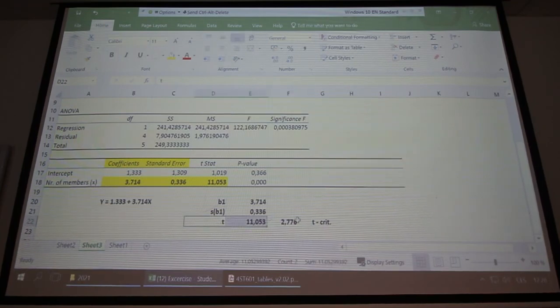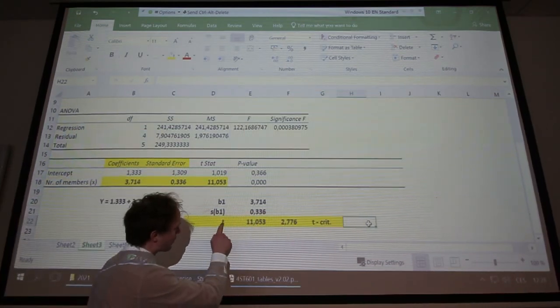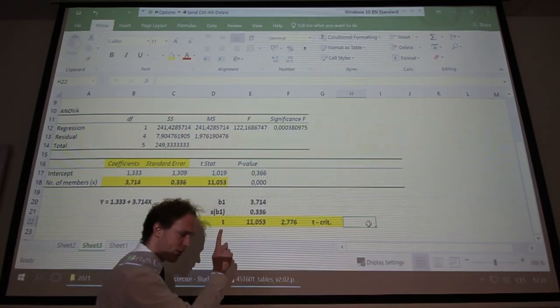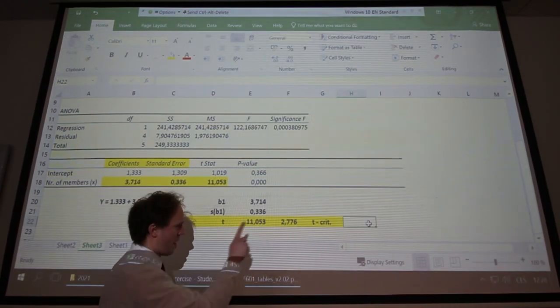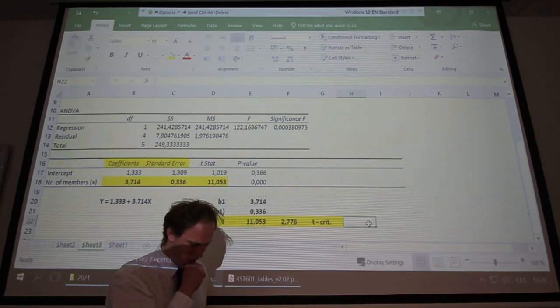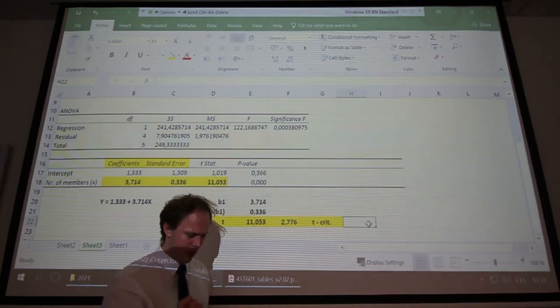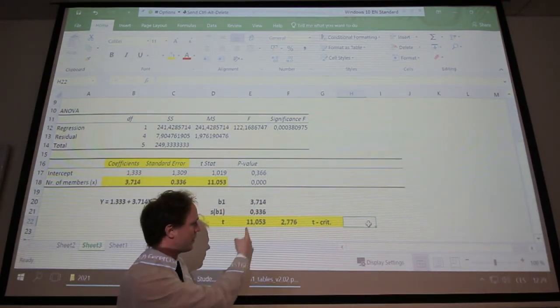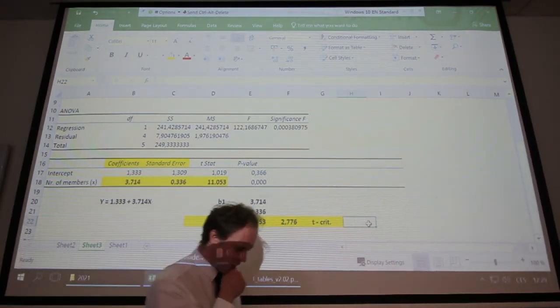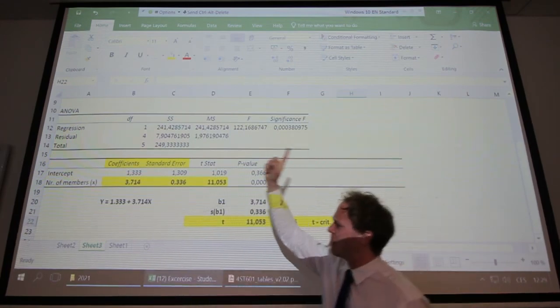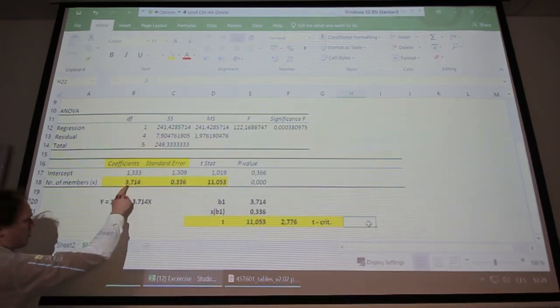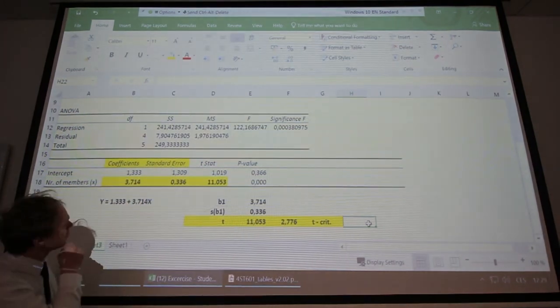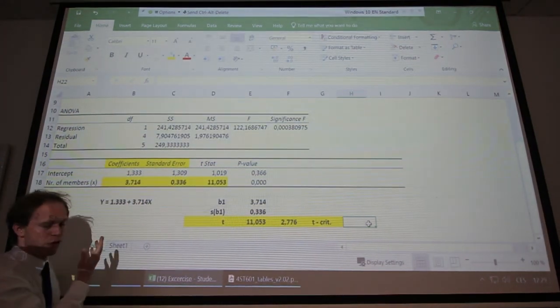Okay. So there is our final decision. If the absolute value of your t-test is higher than the critical quantile, we can reject the zero hypothesis at the 5% significance level. This is true. Therefore, the zero hypothesis, which claimed that this coefficient 3.714 is equal to 0, is rejected.